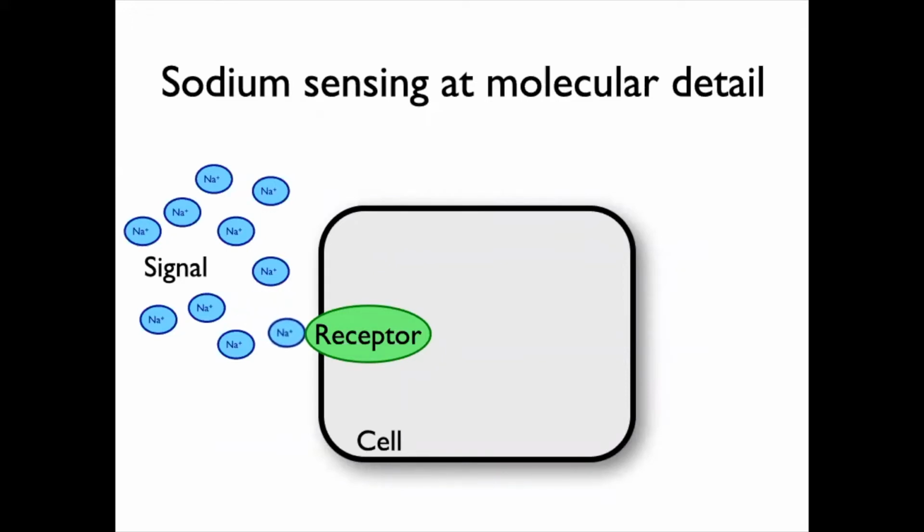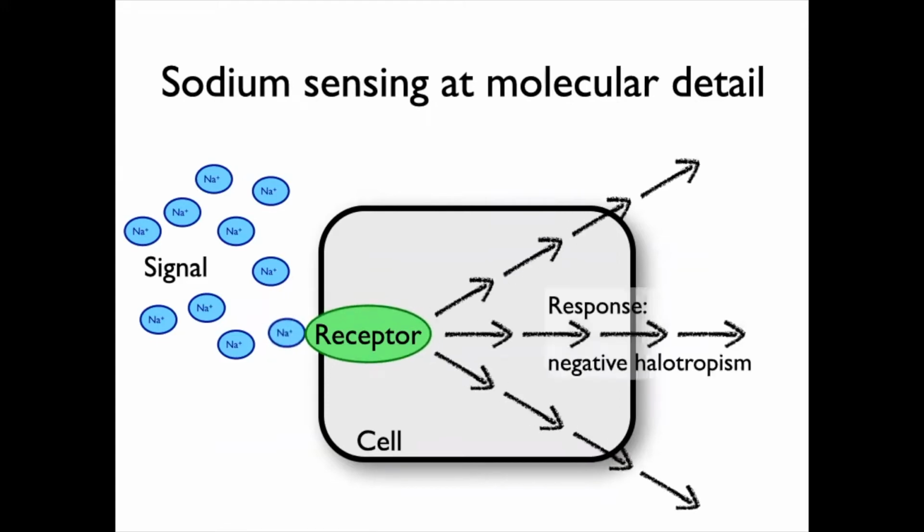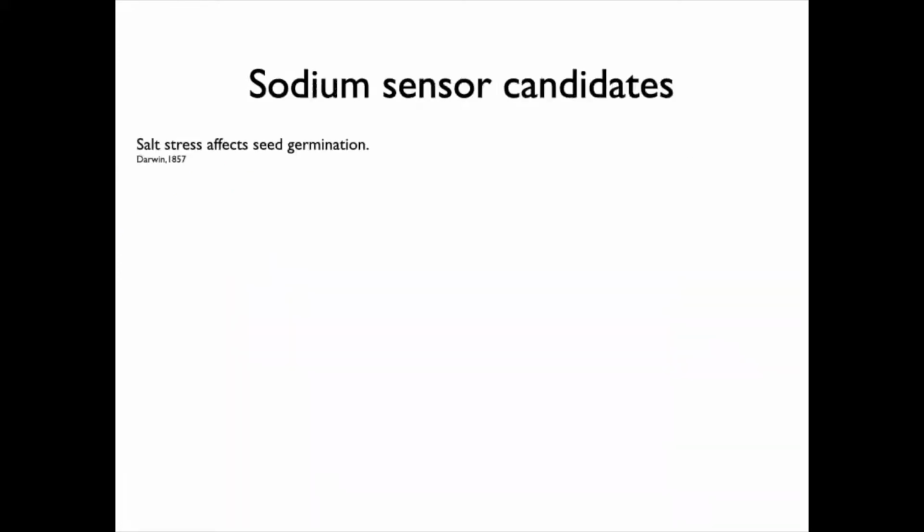What happens if one of these sodium ions binds and the receptor does something and then a response is generated, and we know the response already, that is this negative halotropism. But now what? We want to know what this receptor is. We can do a bit of conjecturing, and already Darwin found out that plant seeds are affected by sodium.